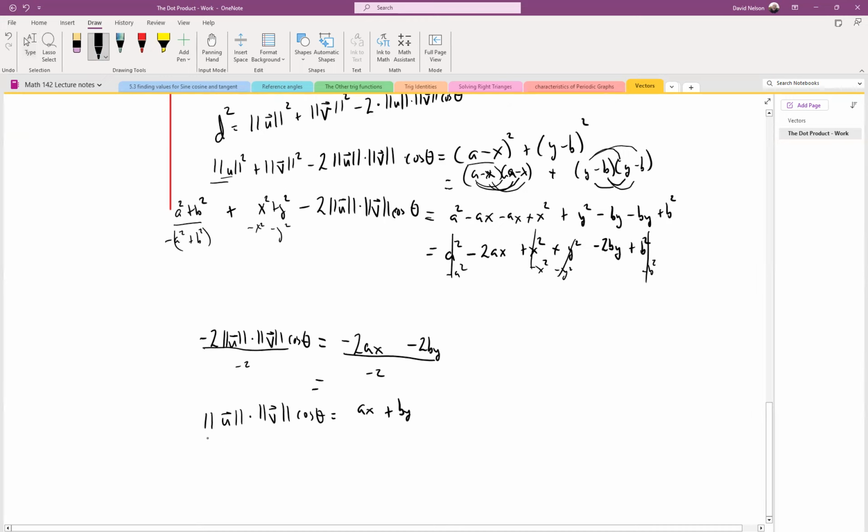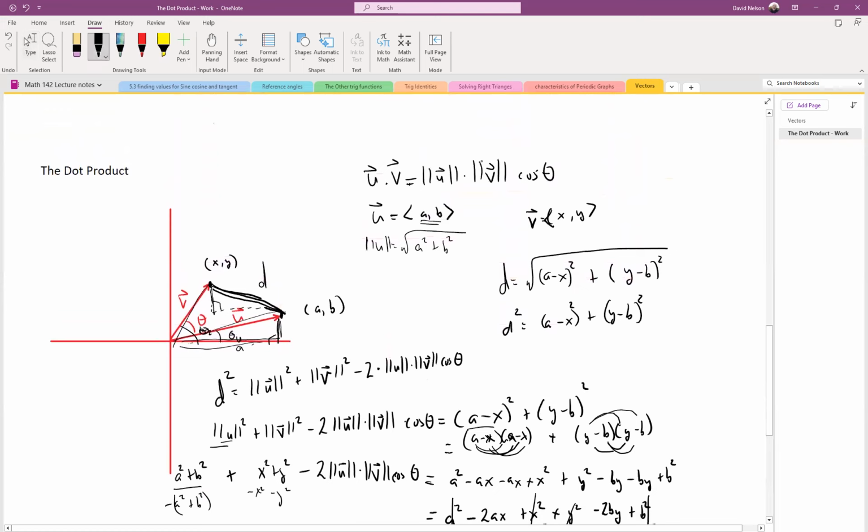All right. But what is the magnitude of u times the magnitude of v times the cosine of theta? Well, that's just the dot product. So u dotted with v is equal to ax plus by. And if we go back and look at what a was and what x was, an easy way to find the dot product when you have things in component form: a is the x-coordinate of u, and x is the x-coordinate of v.